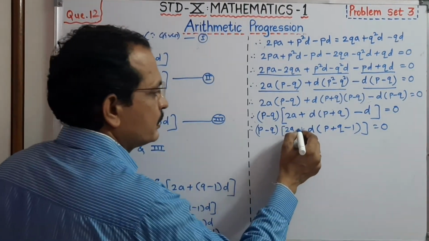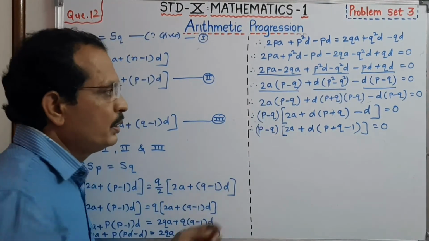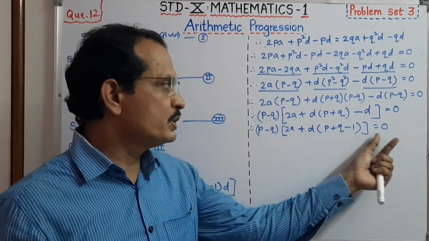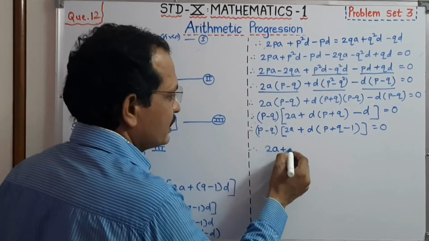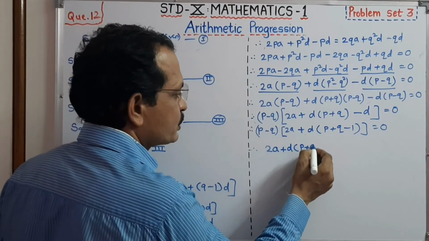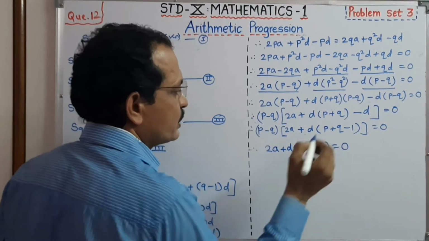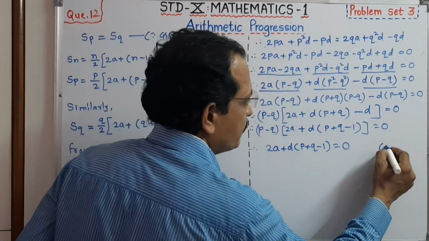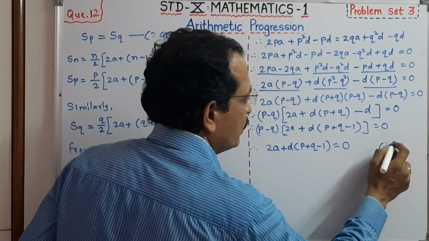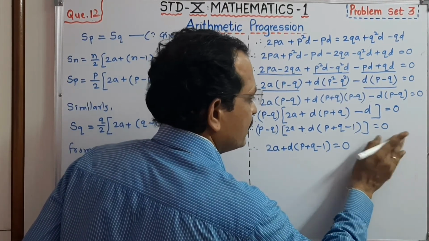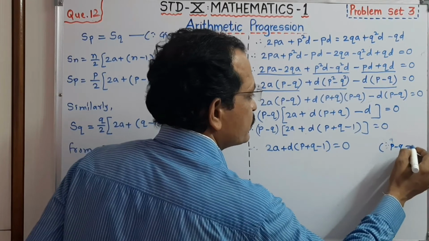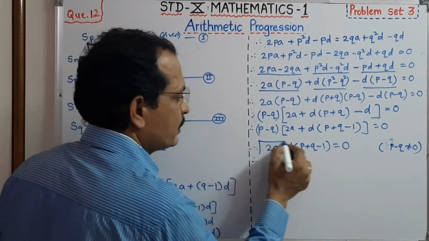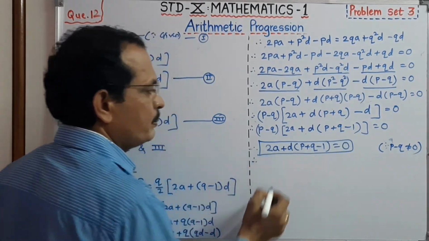Now see here, all of you got this: 2a plus d into p plus q minus 1 is equal to 0. Here this p minus q we take on this side; we have to give the reason here, p minus q is not equal to 0, and therefore we get here 2a plus d into p plus q minus 1 equal to 0.